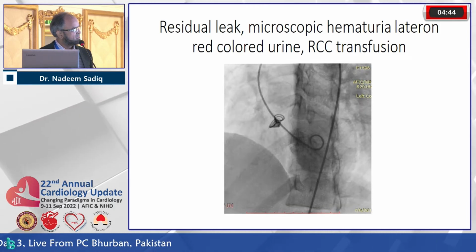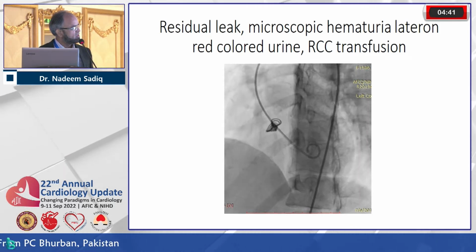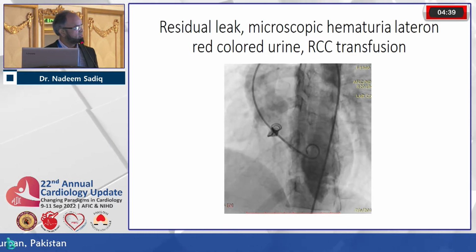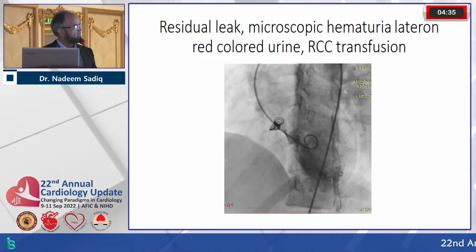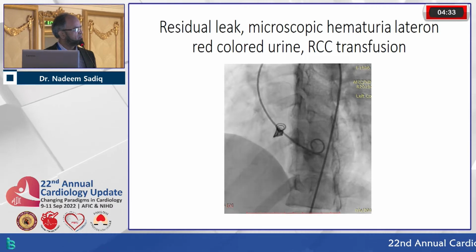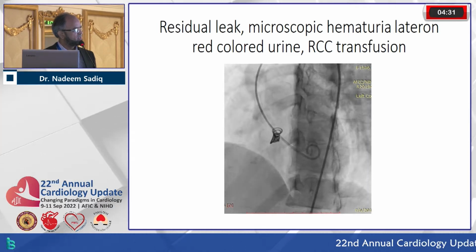You can see that there was a slight residual leak, but on the next morning the patient started having dark urine which turned into red urine, and this patient required RCC transfusion as well.